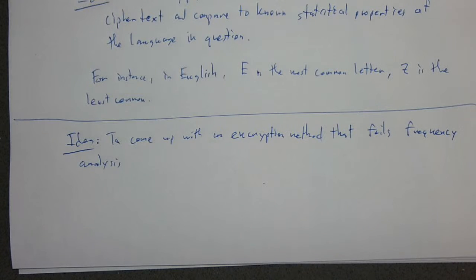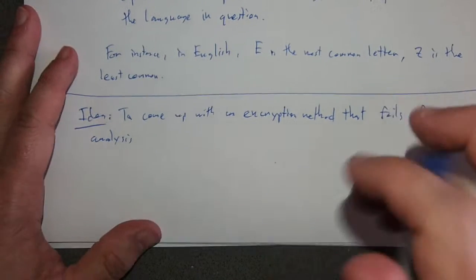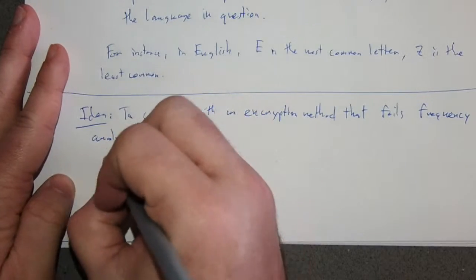The idea is to essentially have a rotating shift cipher. You have a key that is a rotating shift. So what do we mean by that? This is the notion of a Vigenère Cipher.